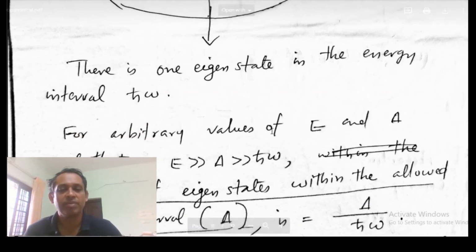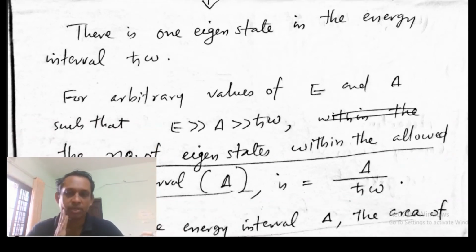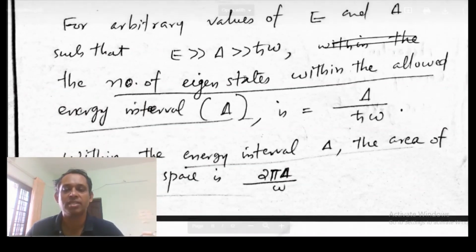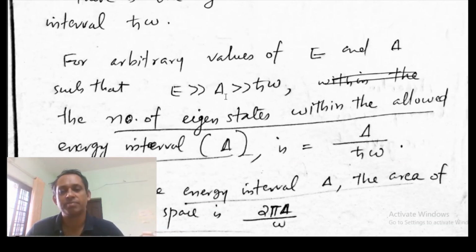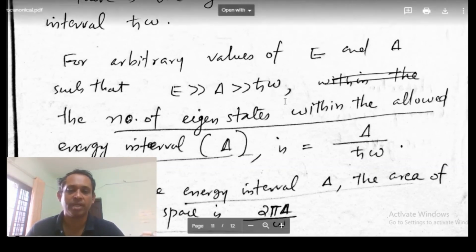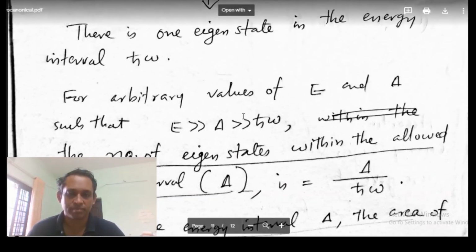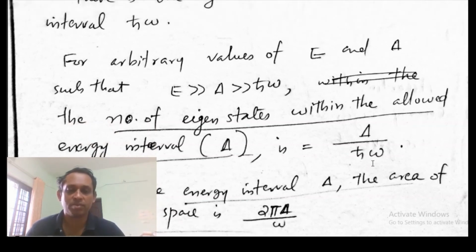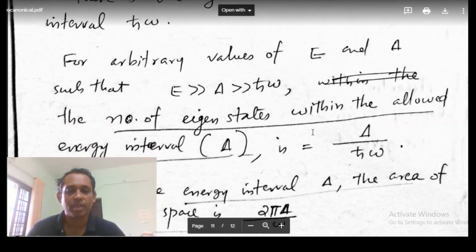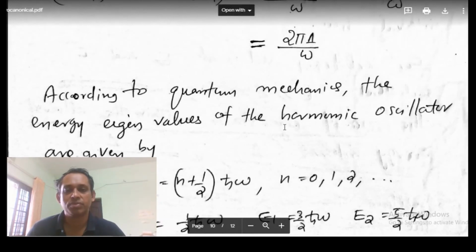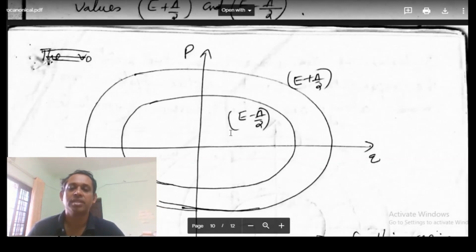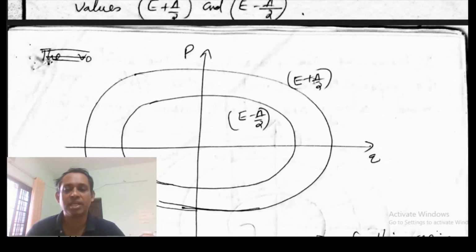So for arbitrary values of E and Δ, such that E is much greater than Δ, which is much greater than ħω, the number of eigenstates in the energy interval Δ is given by Δ/ħω. Okay, the number of eigenstates within the allowed energy interval, because what we are considering is E minus Δ/2 to E plus Δ/2.